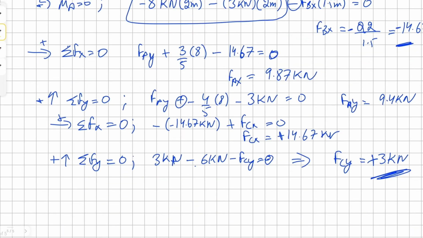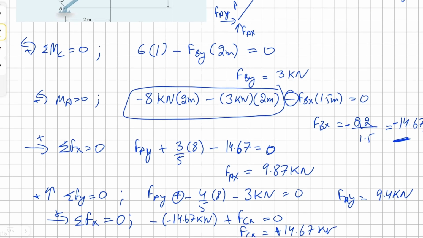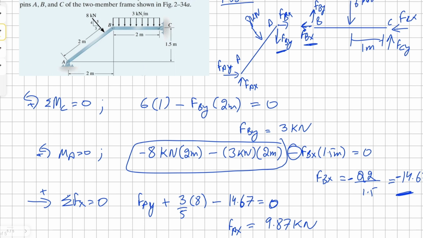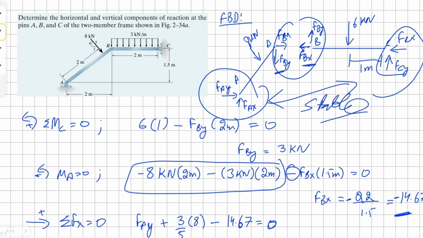And what else do we have as a negative? Our force PX, well, it doesn't really matter because once the structure is joined, it cancels each other out. And we know that these two are correct now because they are balancing each other out, and we know that this makes our structure stable.